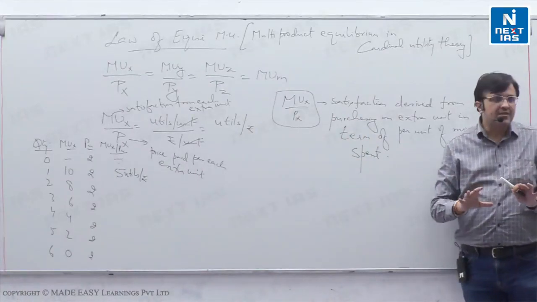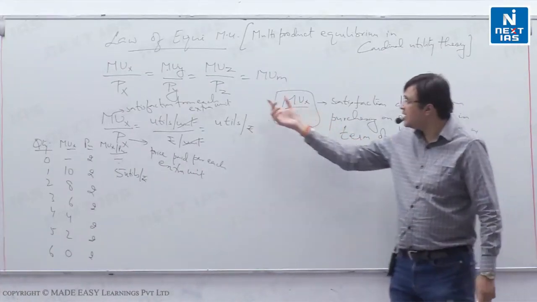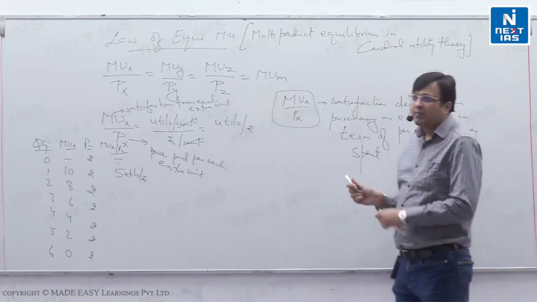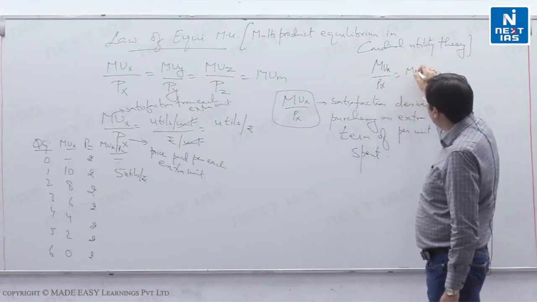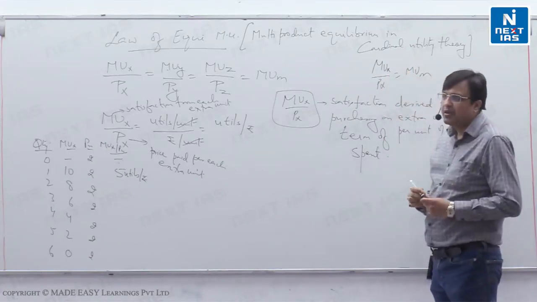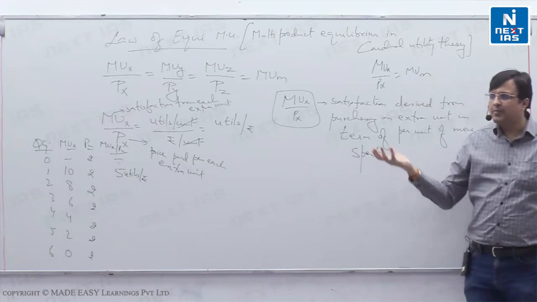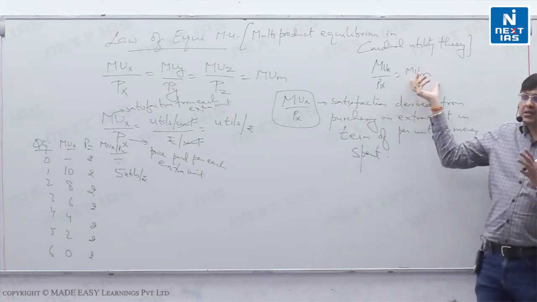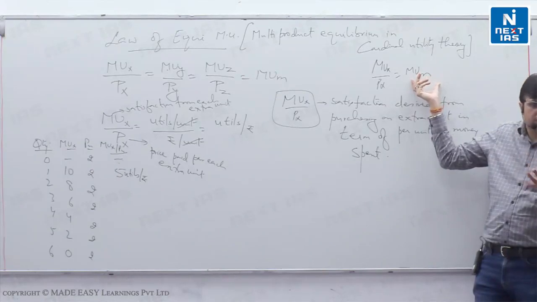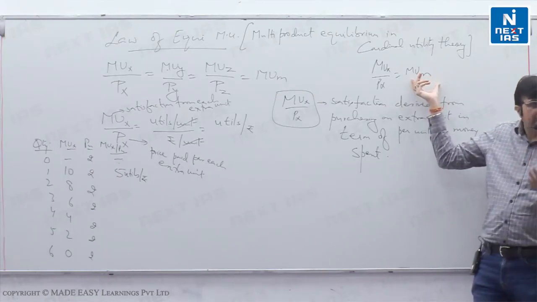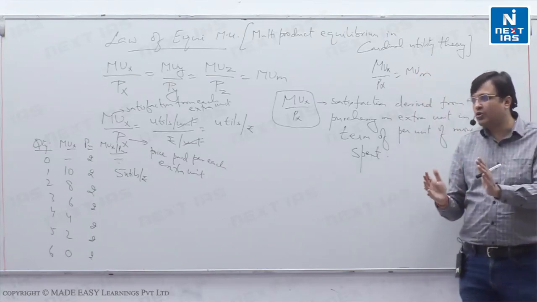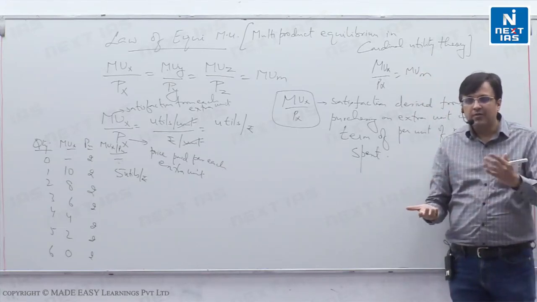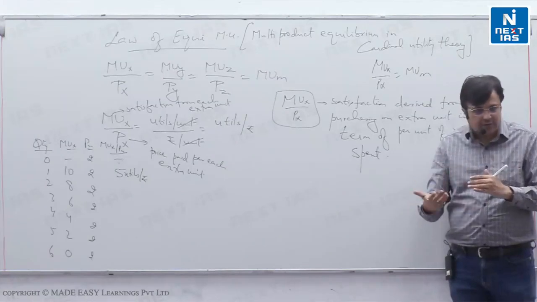Now my point is, if you see this equation, if I say MUX upon PX is equal to MUM, my equilibrium, the point is very simple. MUM tells you what? Satisfaction that you get or satisfaction that you lose, whichever way you look at it, by paying a rupee. तो जब तुम कुछ खरीदते हो तो पैसे देते हो. When you purchase something, you pay money for it.